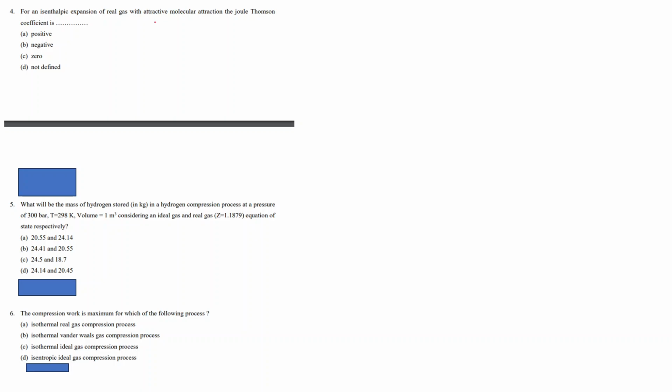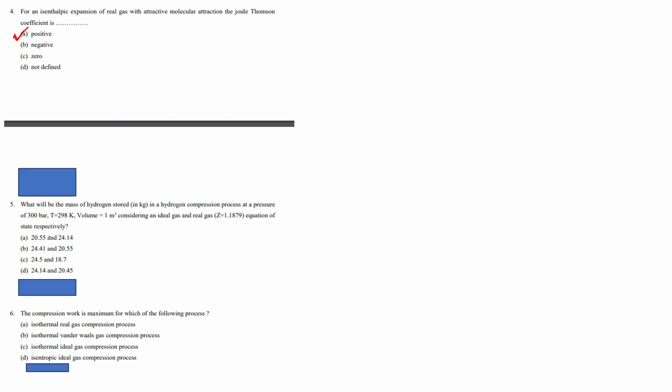The molecules are getting attracted. In this case, the coefficient is positive. Just remember this. This is the Joule Thomson coefficient, expansion process. This is not a compression process, this is the expansion process. Okay.